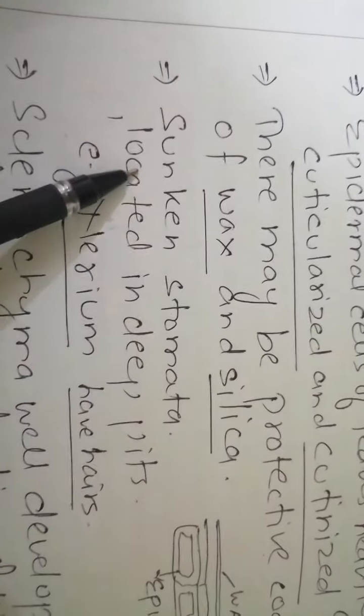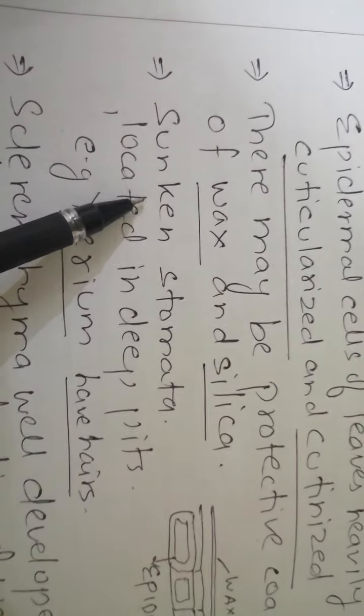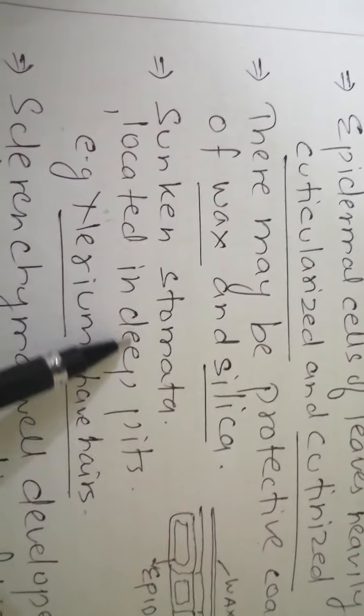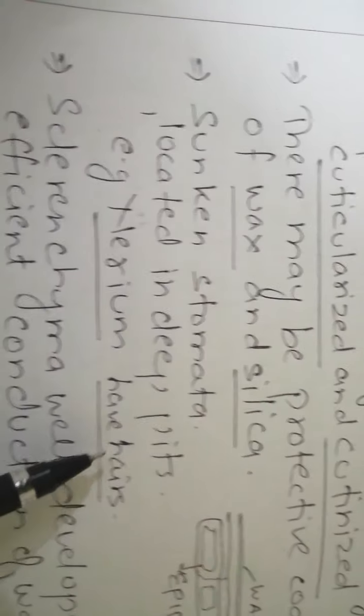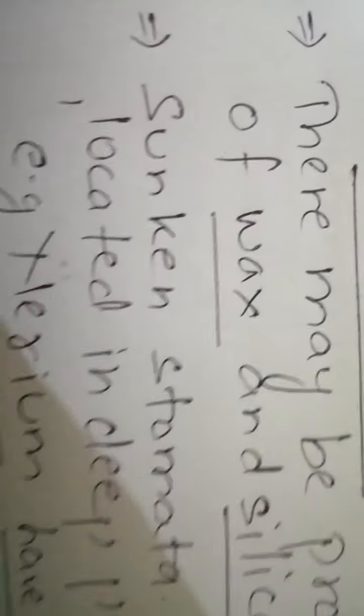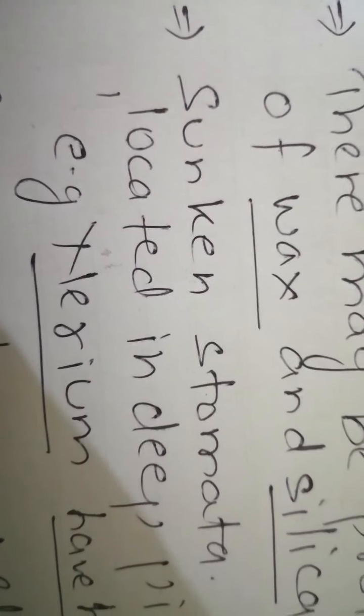Now there is another adaptation, which is known as sunken stomata located in deep pits, in the case of Nerium. They have hairs also, and this I have drawn here. I will show you. The stomata contain hair-like structures.